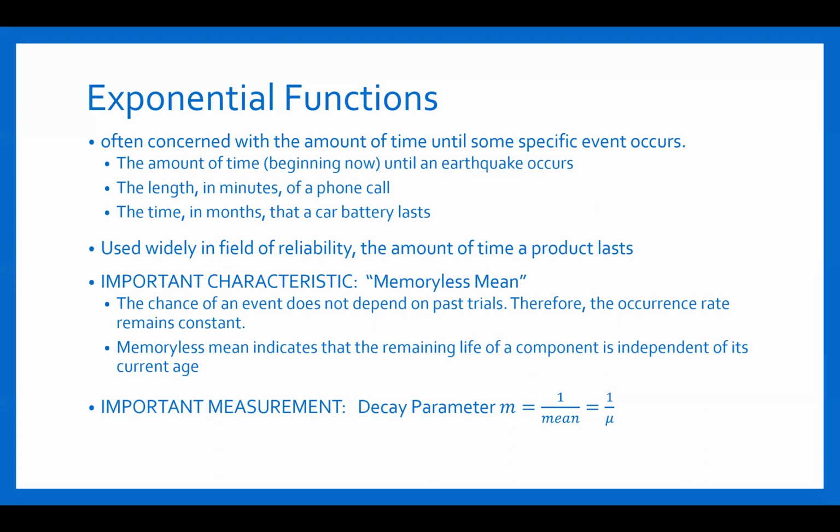The fact that a phone call lasted 10 minutes the first time, and then the second time it lasted 20 minutes, the exponential doesn't worry about what happened the first time or the second time.